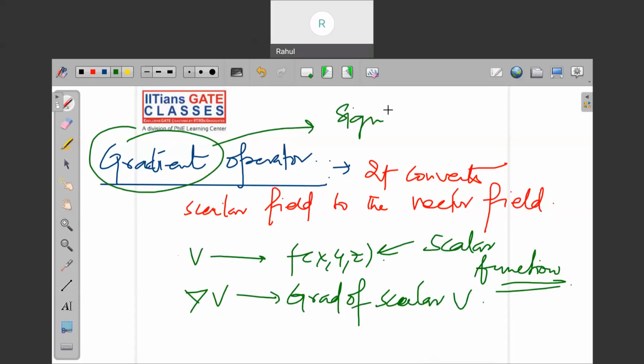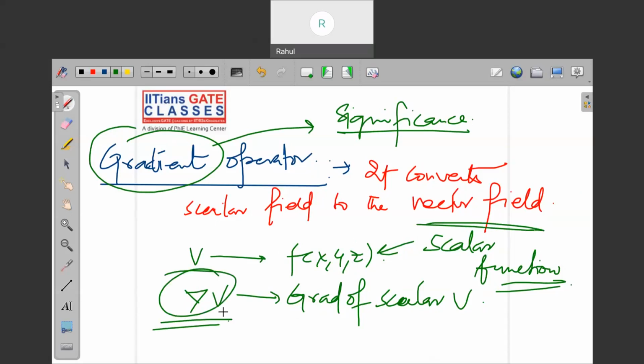What is the need of this gradient operator, and why do we want to convert into a vector field? Remember this notation, this is the gradient of V.